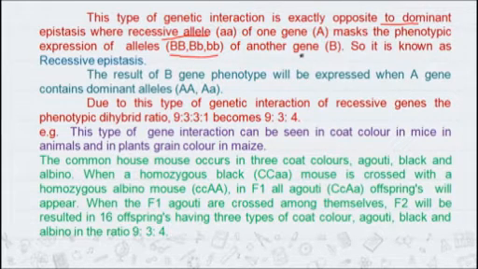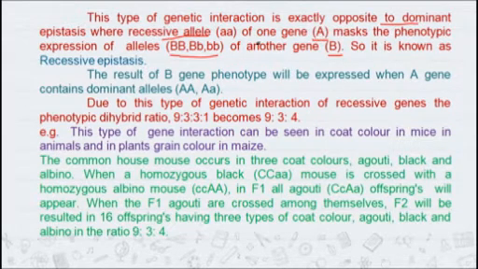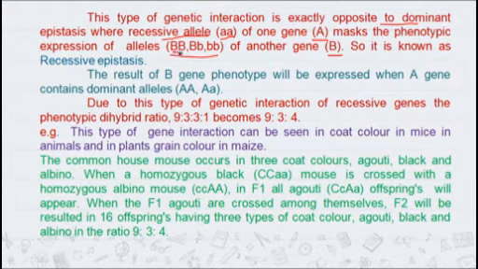Here there are two genes present, gene capital A and gene capital B. The recessive alleles of gene A, that is small a, mask the expression of the alleles of gene B, whether they are dominant, recessive, or heterozygous.